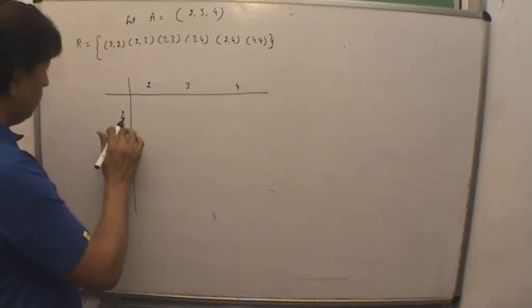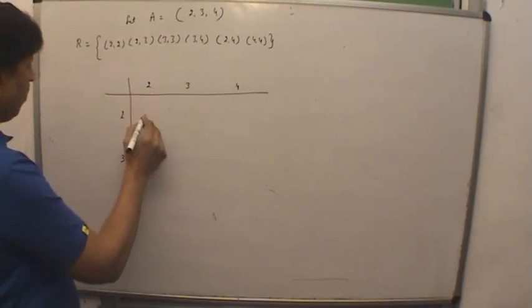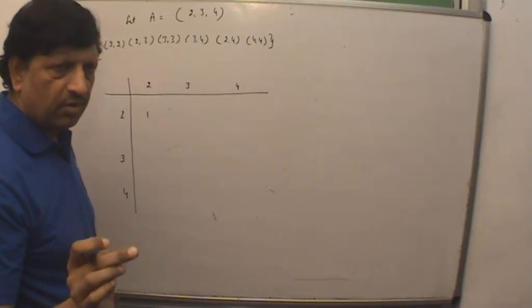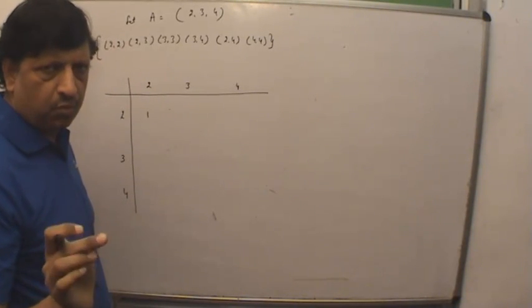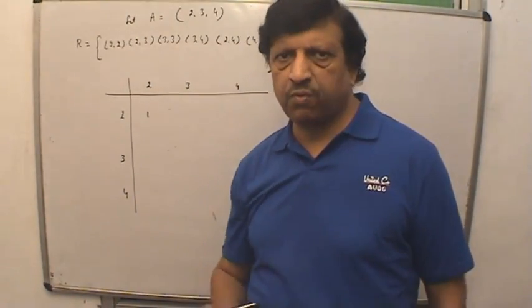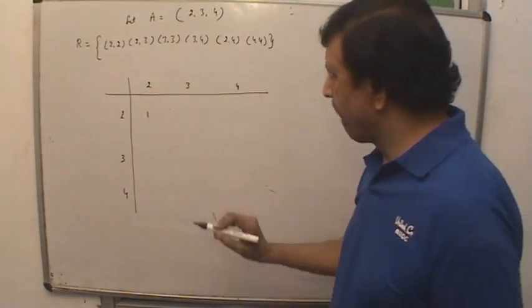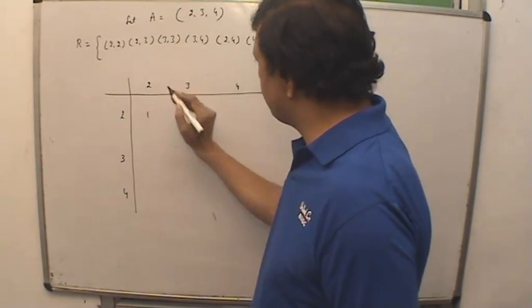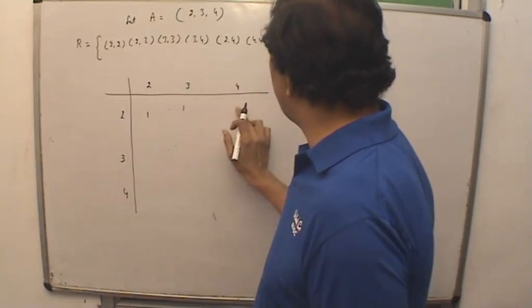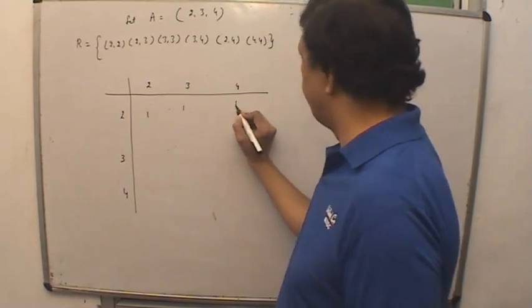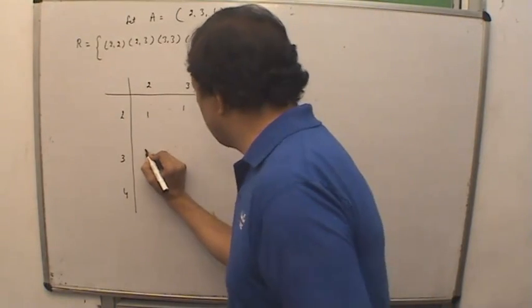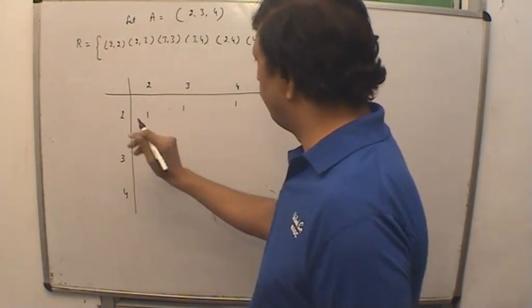Now we see (2, 2), we write 1. For which pair exists, we write 1, and which pair is absent, we write 0. (2, 3), here it is present, we write 1. (2, 4), we write 1. (3, 2), there is no (3, 2), we write 0.